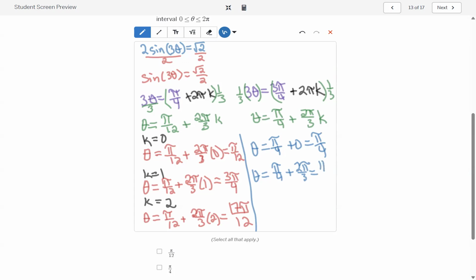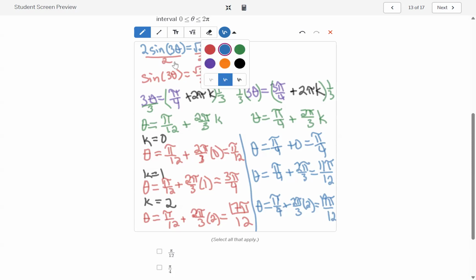So 11 pi over 12. And then last one, pi over 4 plus 2 pi over 3 times 2. Go back in, put a times 2 on the 2/3, and I get 19 pi over 12. So we got 6 answers.